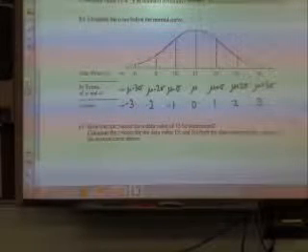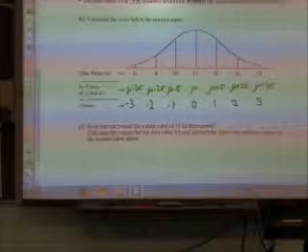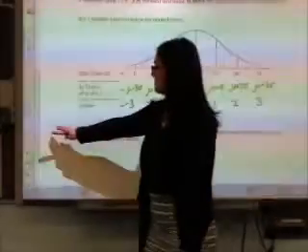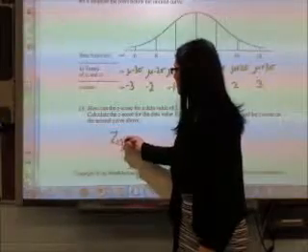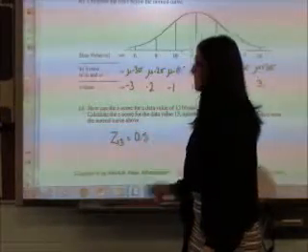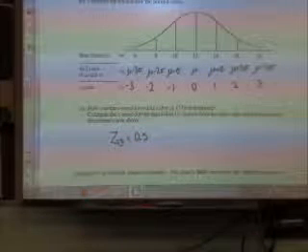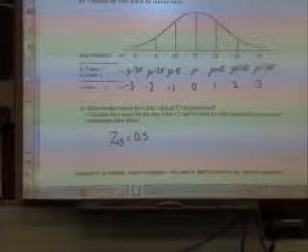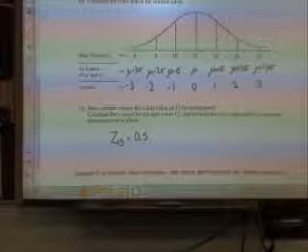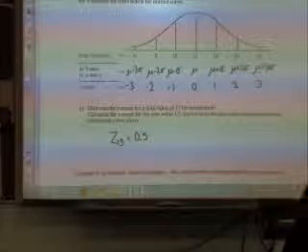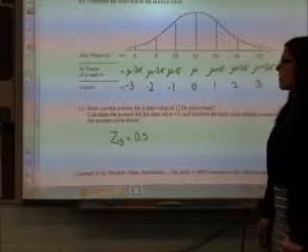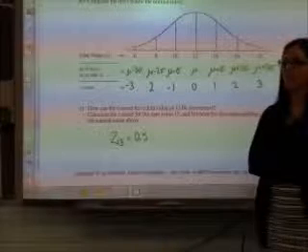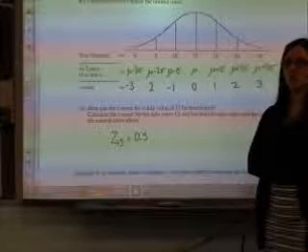So with that information, how can I calculate a z-score for 13? Well, the z-score for 13 would be 0.5. But what if I wanted a z-score for 13.5 hours? 0.75. What if I wanted a z-score for 11.3 hours?